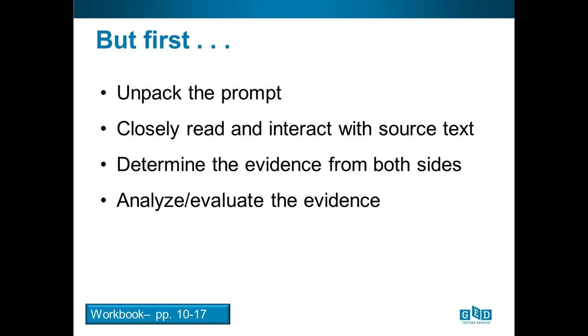We're going to go through the workbook in a little bit, but everything we're going to talk about, the routines, the graphic organizers, both blank ones and completed ones, are going to be included in your workbook so that when you go back to your classroom, you're going to have everything you need to implement this step-by-step process for writing an effective constructed response.